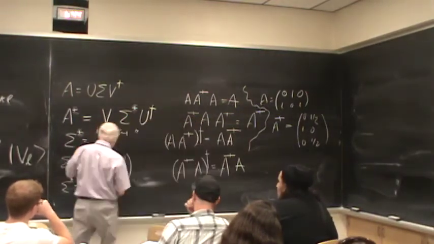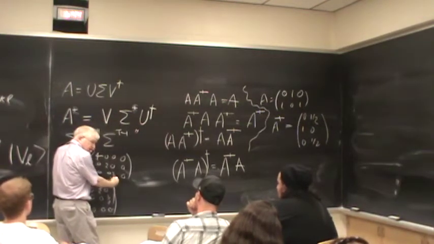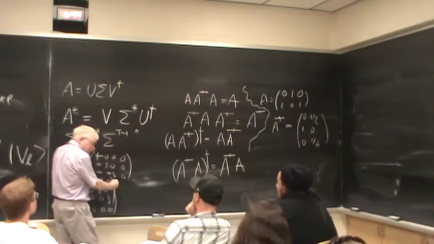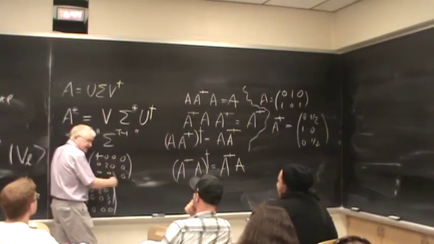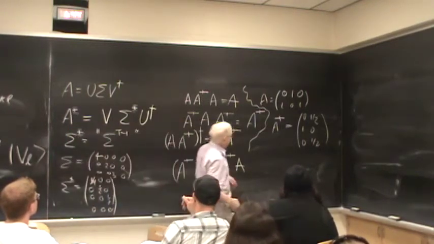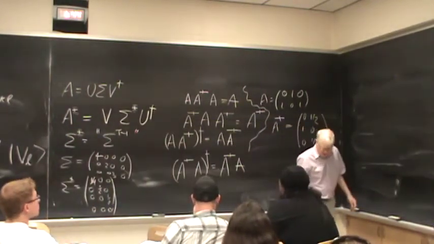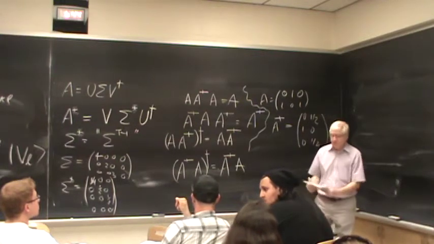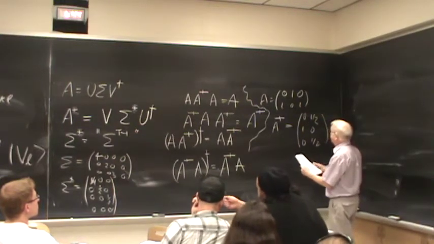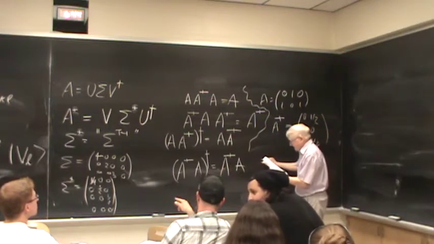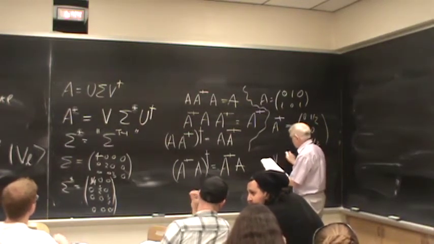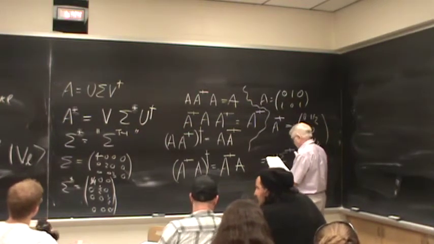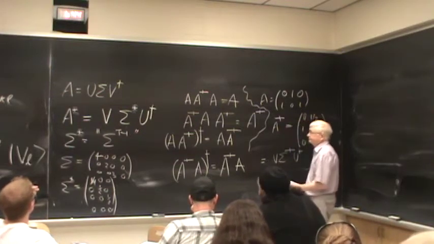With sigma you've got something that only has a diagonal. Literally what happens here is that this A plus, if you look at the example, is really written as V sigma plus U dagger.